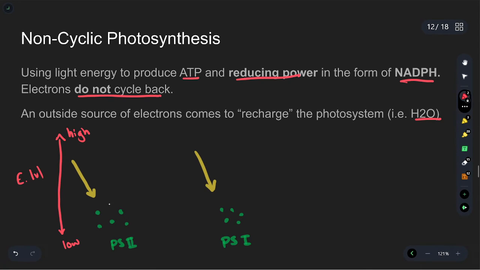So the electron from PS2, low energy level state, right? When light hits it, photoexcitation occurs and the electron becomes excited. And it goes through the ETC until it reaches the cytochrome complex, which pumps out those protons, developing a gradient that ATP synthase uses to make ATP.